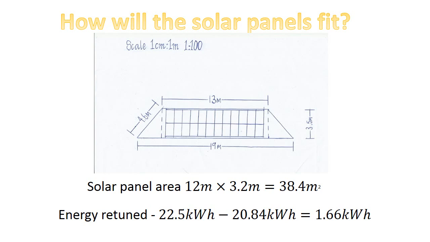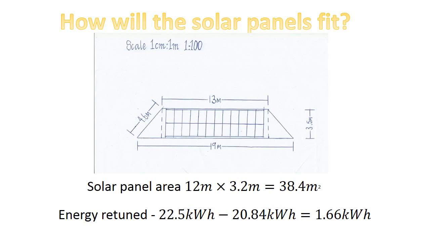If we mount the solar panels atop each other as shown in the diagram, we could place 2 rows of 12 panels running horizontally across the roof. The area of this would be 12 metres in length times 3.2 metres wide, which equals 38.4 metres squared.